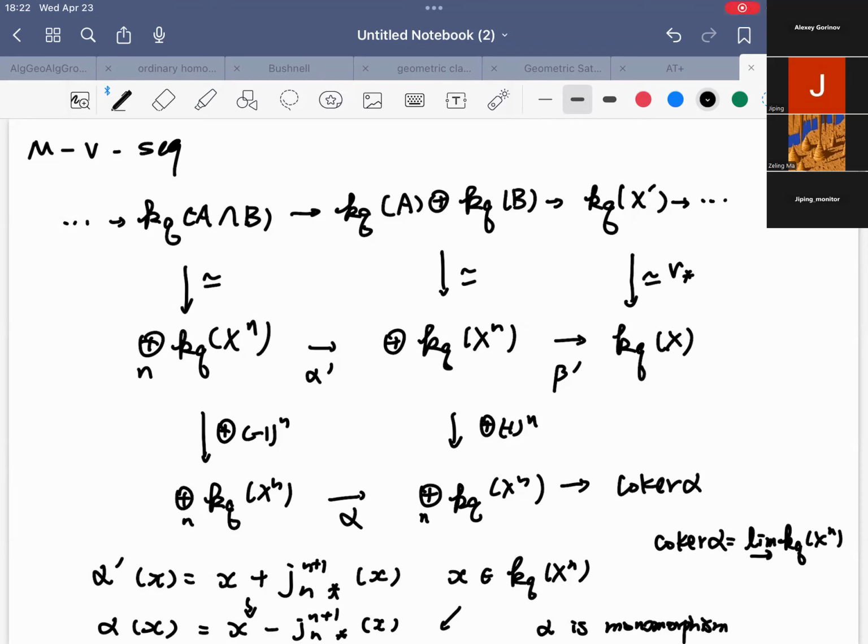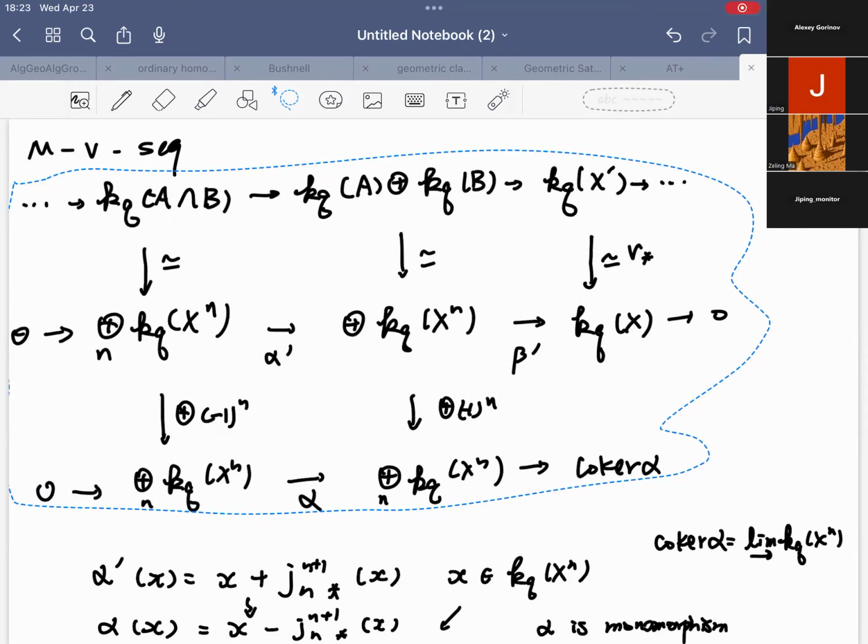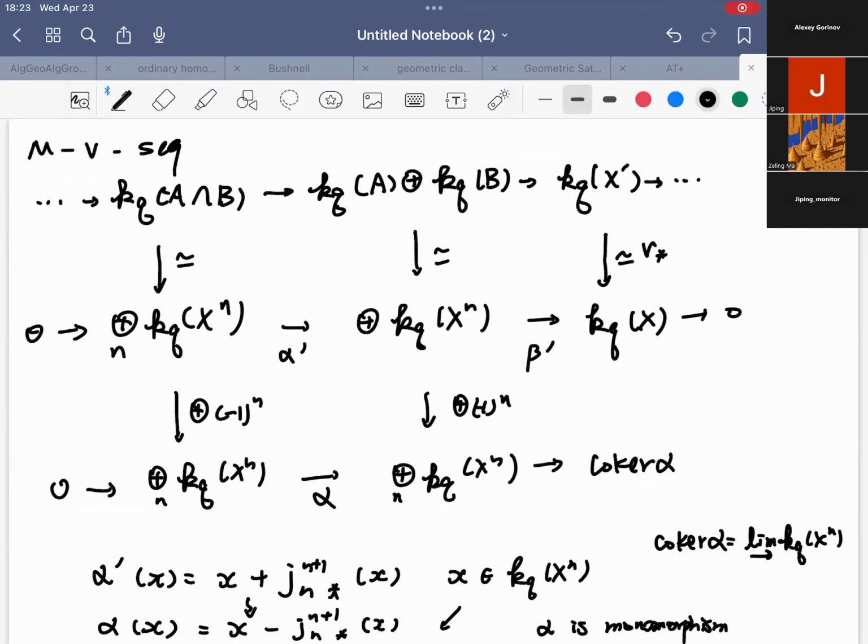So actually these are also monomorphisms, and you can also write what beta prime is. Beta prime just takes the elements, you take every element, maybe you can give n.